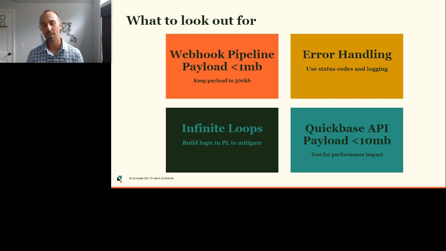Other things you need to be considerate of are, that could be triggering webhooks. It could be triggering a pipeline. It could be triggering an email notification. It could be kicking off a new subscription. There's all sorts of things that happen in the background that are going to impact the end user's performance.